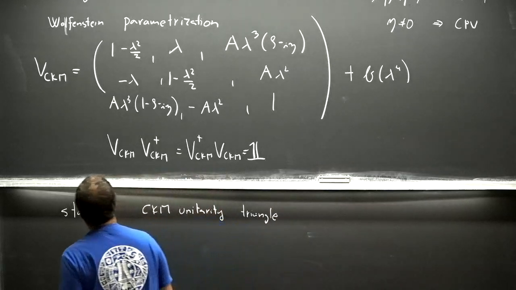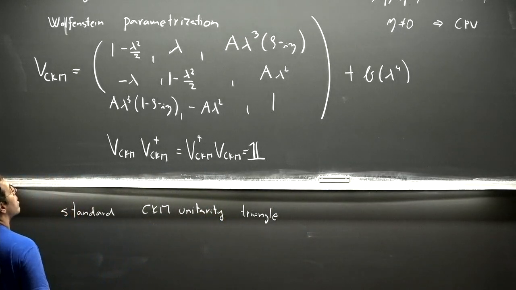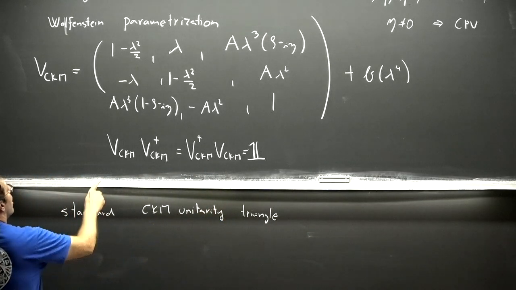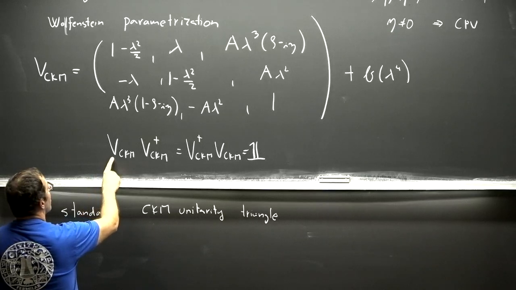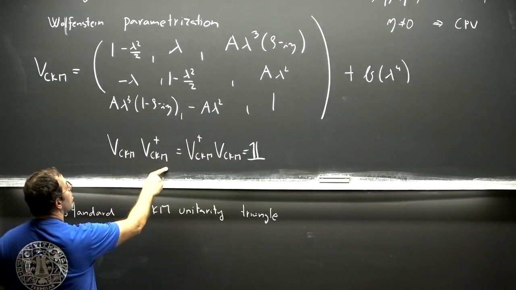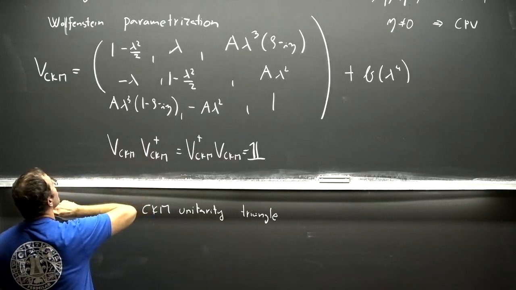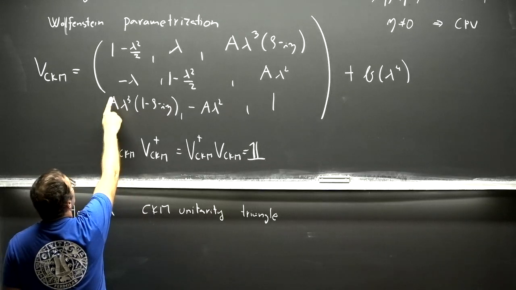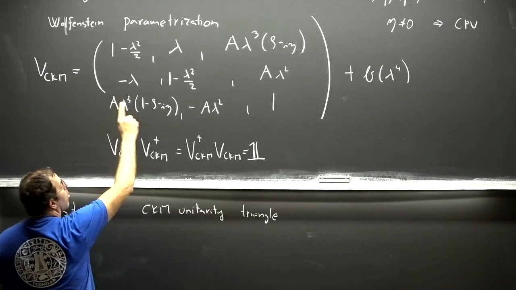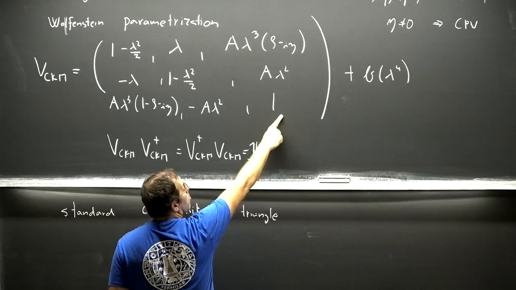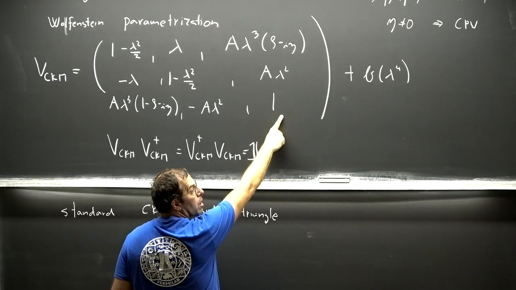All right, so what's done here is you realize that unitarity means that if I take, for instance, the first column and multiply it with the third column complex conjugated, I will get 0.